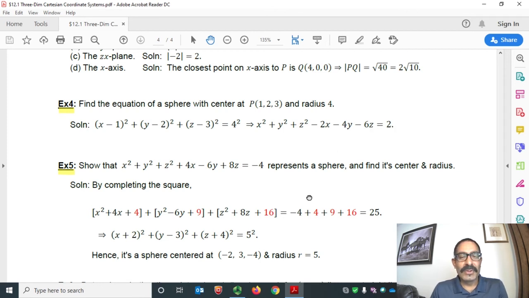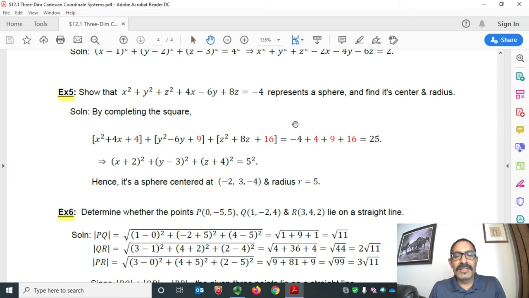Now let's move on. Let's do example 5. Show that x squared plus y squared plus z squared plus 4x minus 6y plus 8z equals negative 4 represents a sphere, and find its center and radius.